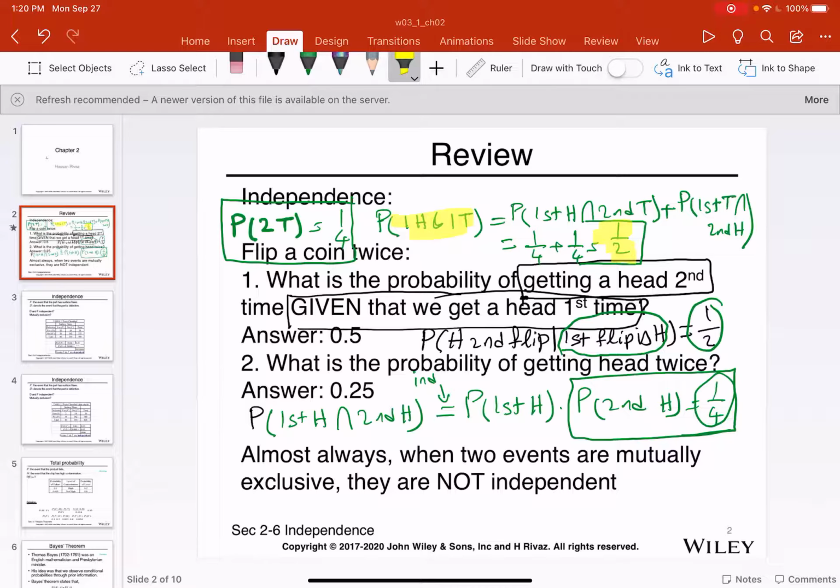The result that we got. If you flip 2 coins, it's more likely to get a head and a tail as opposed to 2 heads or 2 tails, right? In fact, this is twice as likely, right? This is 1 divided by 2, the probability of getting a head and a tail. Any questions? Okay.